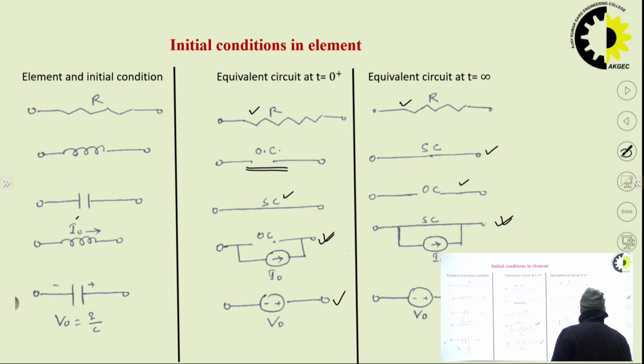These diagrams are very useful when we convert the circuit to the S domain or try to find initial values in the circuit. We draw the behavior of the circuit at t equal to 0 and then find the initial conditions. I will explain all this with the help of some examples.